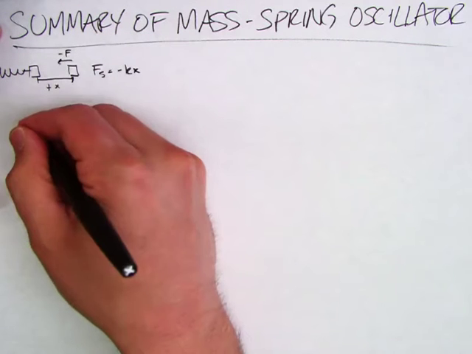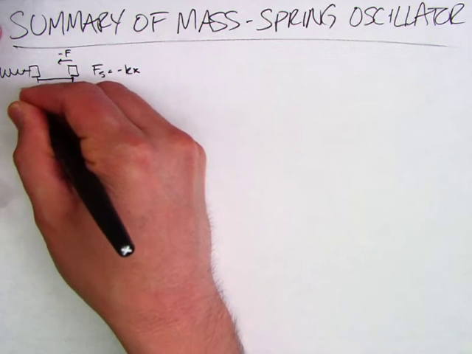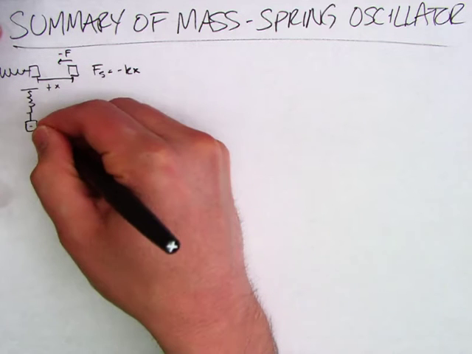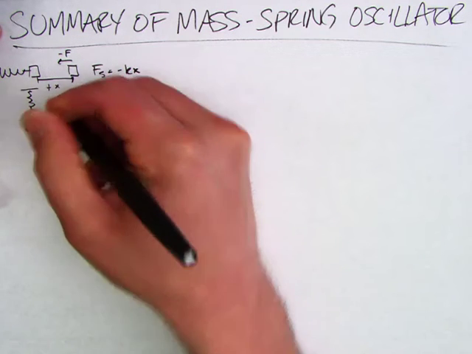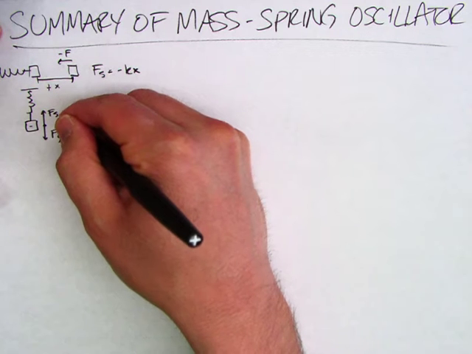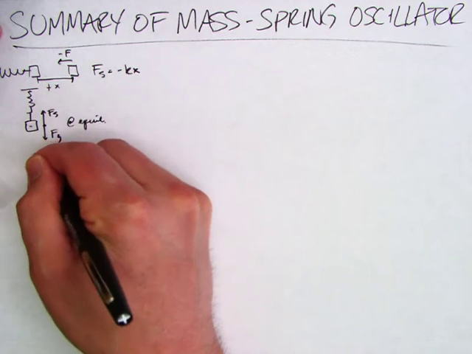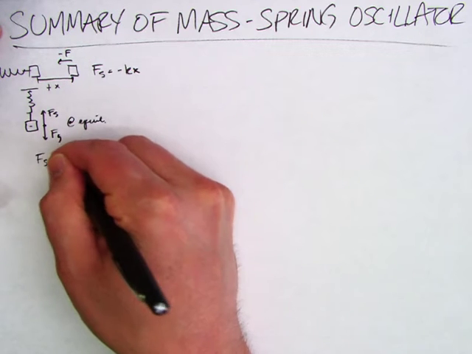Okay. Now in a vertical system, where I have a mass hanging on a spring, at its equilibrium point, gravity is also acting in the same direction. And then at equilibrium, I know that Fs is equal to Fg.